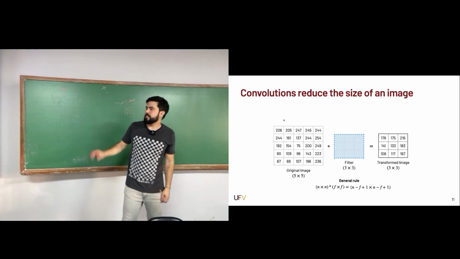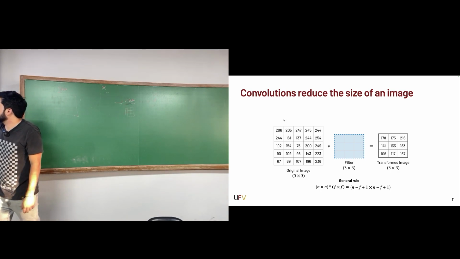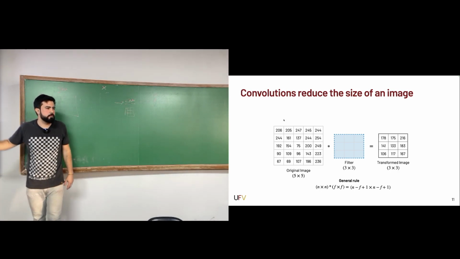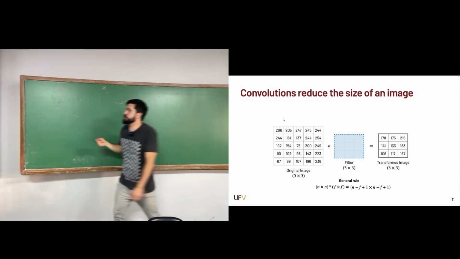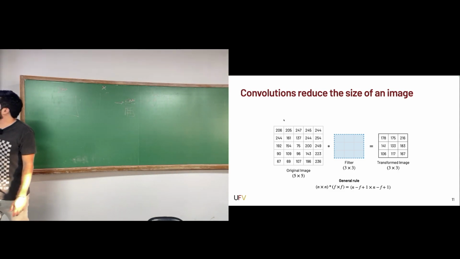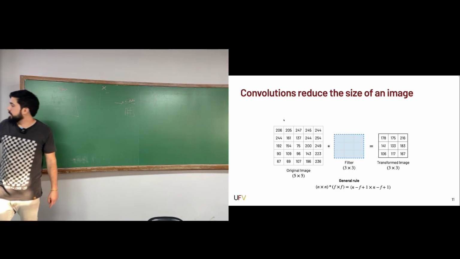So first of all, it's important to be able to compute these sizes. It's very useful when you are designing convolutional neural networks. I'm calling the size of the filter f.